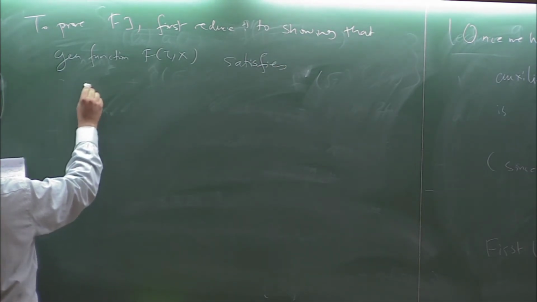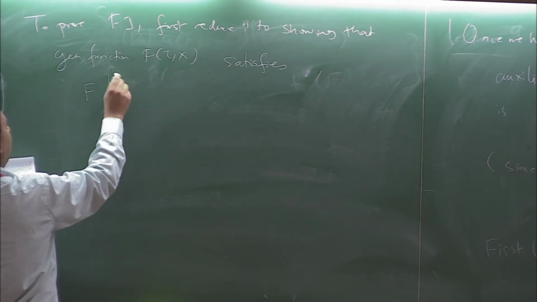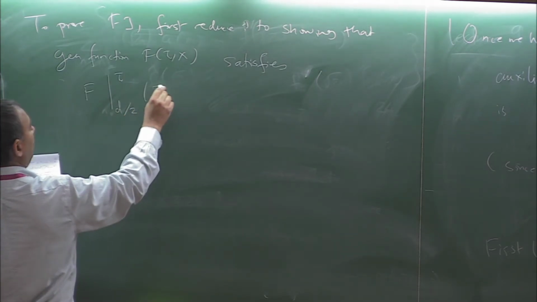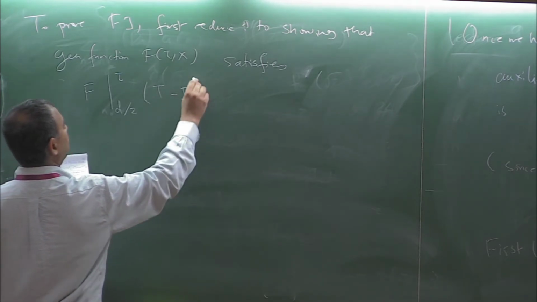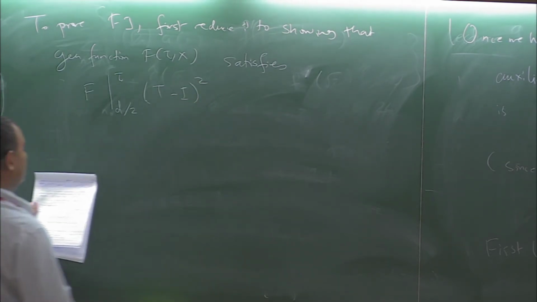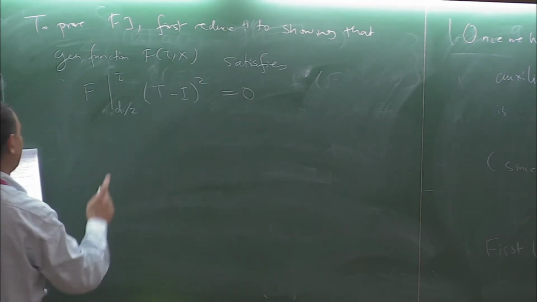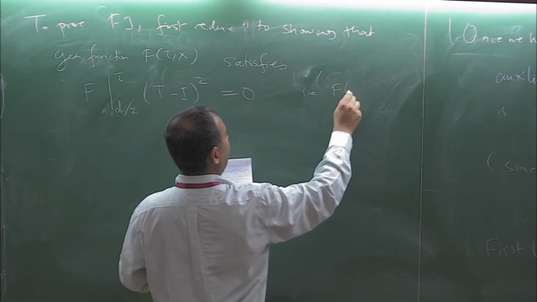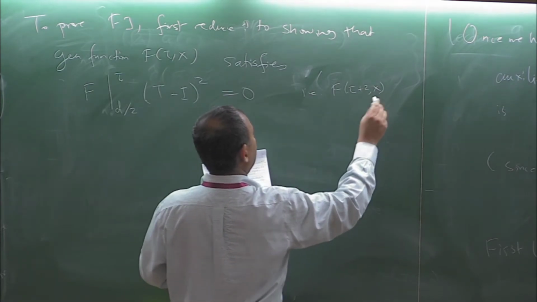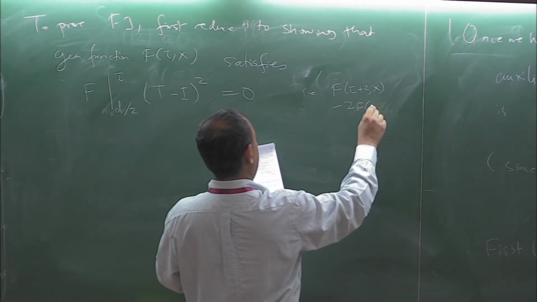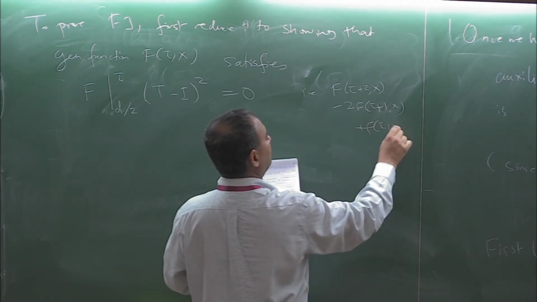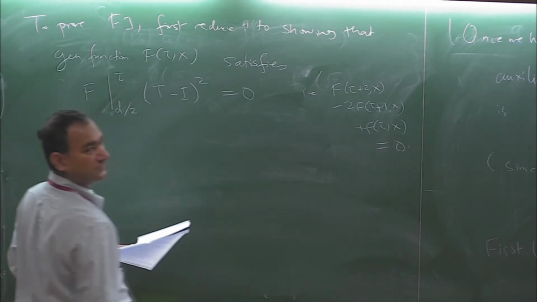If you hit it by the Hecke operator in tau of weight d over 2, then that Hecke operator is T minus 1 squared, so that's 0. So it's annihilated by it; this is the first functional equation. All this means is that f of tau plus 2, x minus 2 f of tau plus 1, x plus f of tau x is 0. Okay, that's what that is saying.